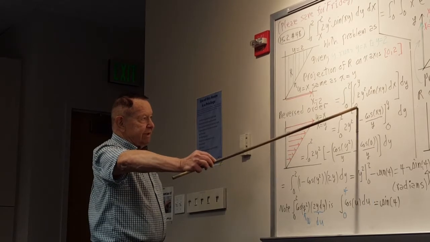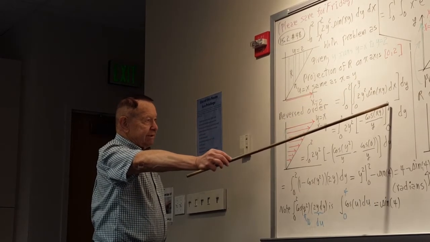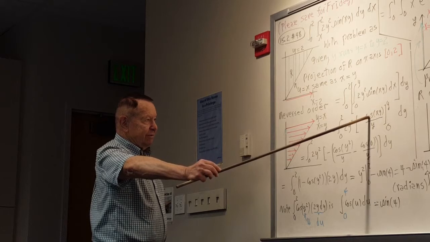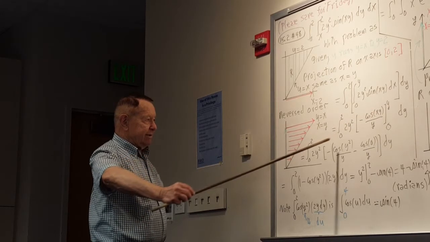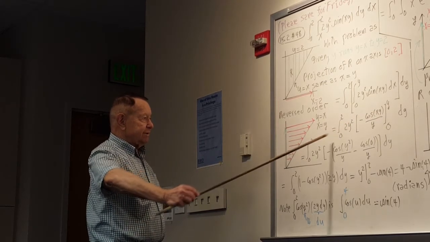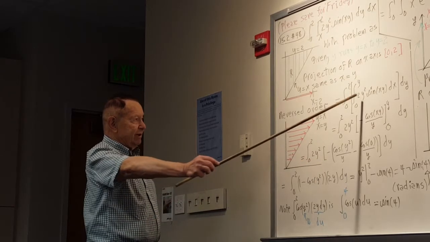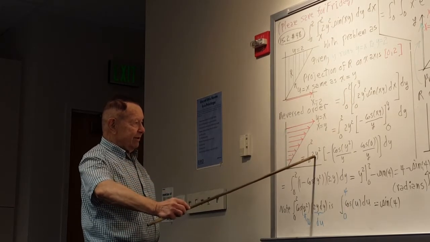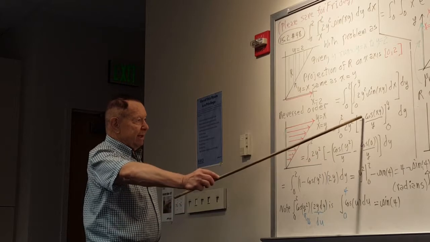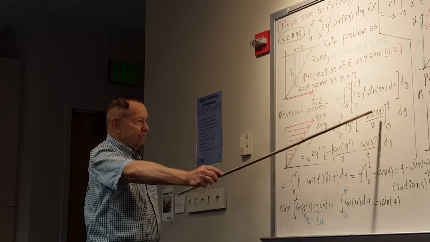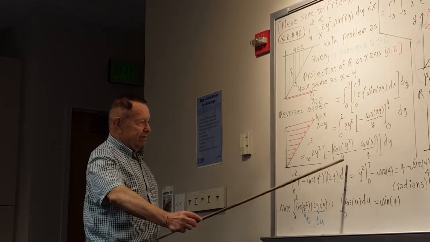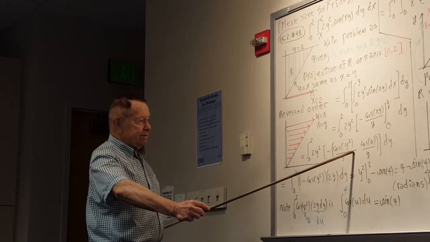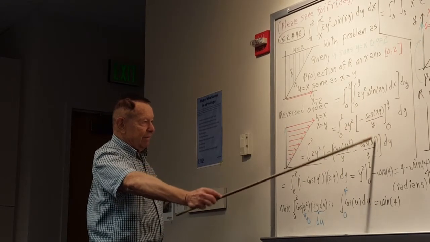And then you put in your limits, so that's going to give you this 2y squared, which you've just carried along, times minus cosine y squared, when you put this y in there, over y, minus cosine of 0 over y.